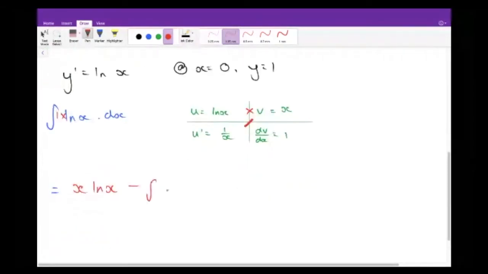So minus the integral of v times u dash dx. That's going to equal x ln x, subtract the integral of 1, which is going to be x. Notice we now have a product. This is why sometimes people call it the anti-product rule. And because it's indefinite, we have plus c. This is always if we have no limits.